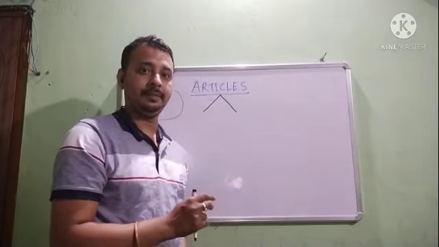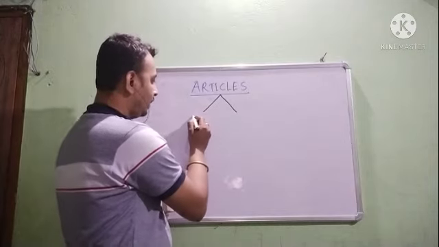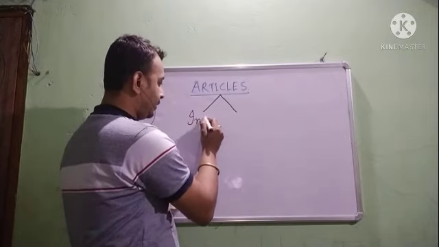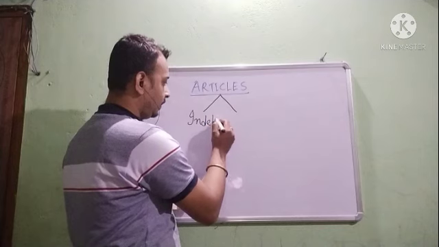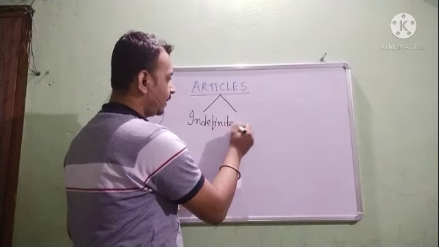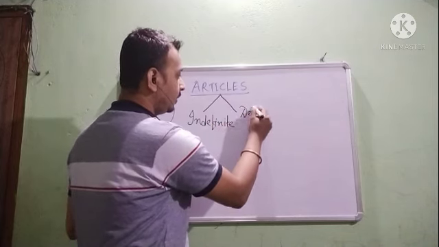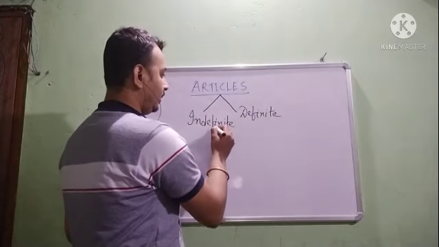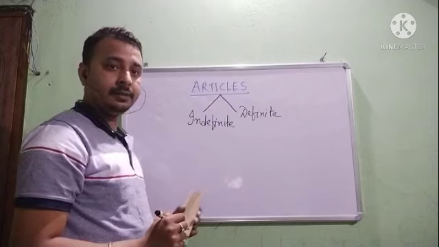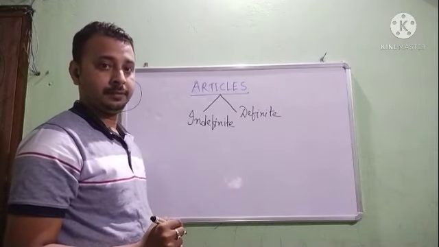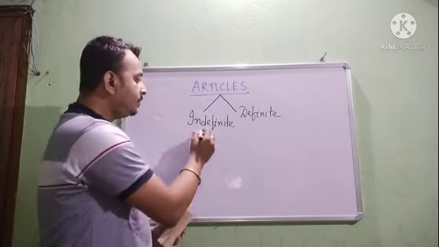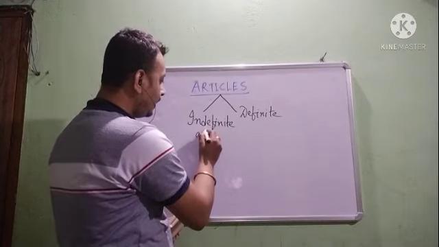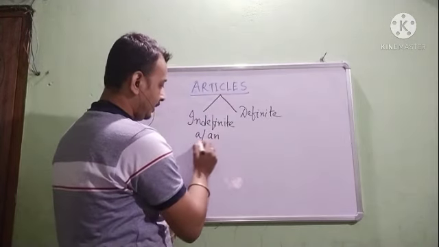Articles are of two types. One is called indefinite, and the other is called definite articles. Remember, indefinite articles and definite articles. Indefinite articles are a, an.